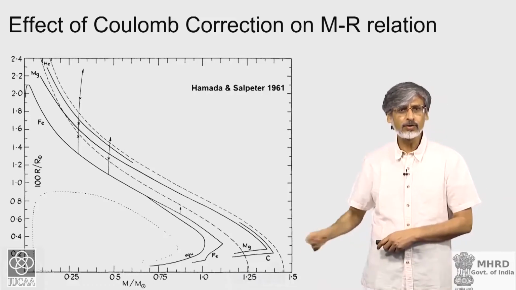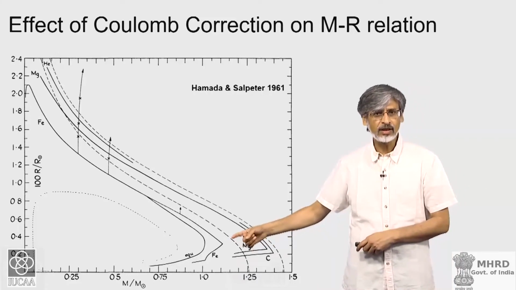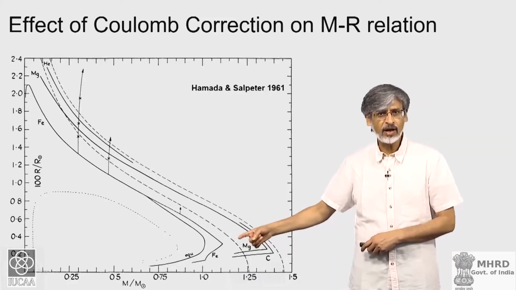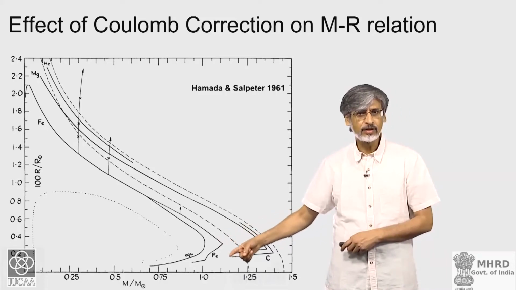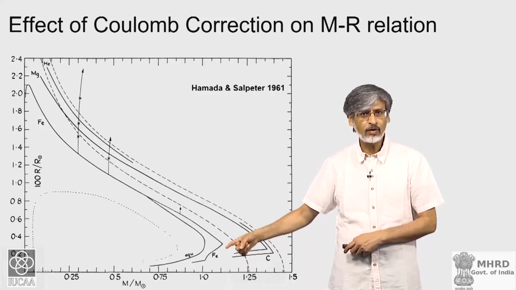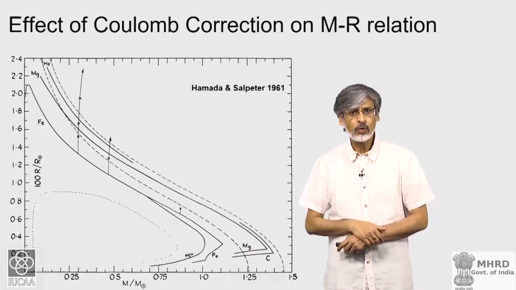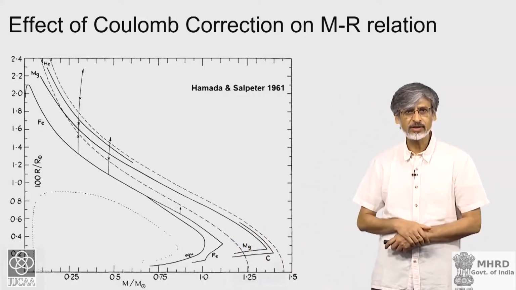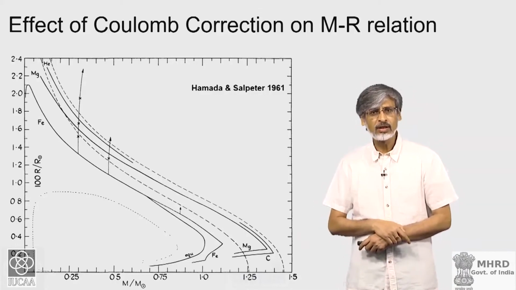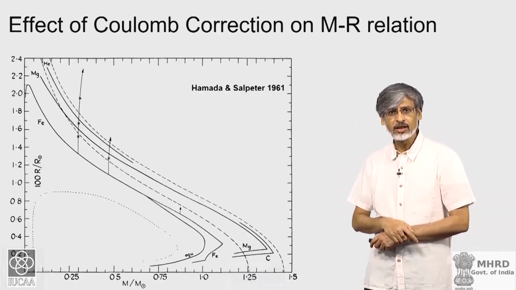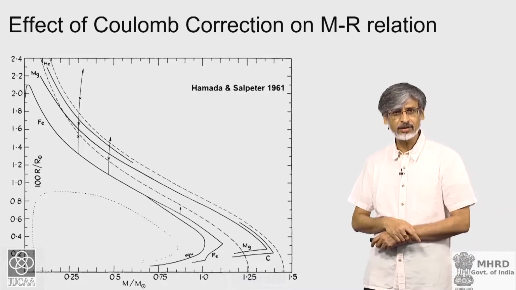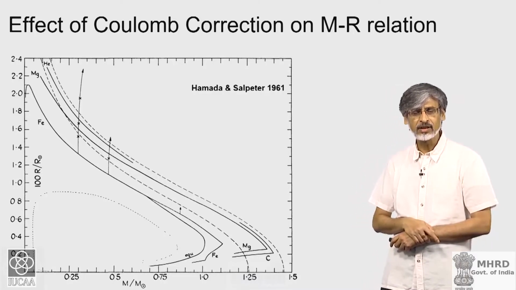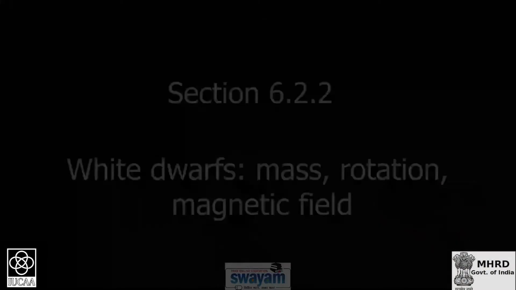As you can see, as you go to heavier and heavier elements, the correction becomes larger, and for iron one can see that the maximum mass has now come down to almost 1.1 solar mass instead of being at 1.4 solar mass. So, the Coulomb correction clearly is a much bigger correction on the mass radius relation than general relativity in the case of white dwarfs.